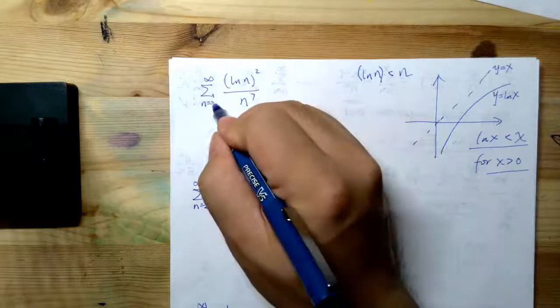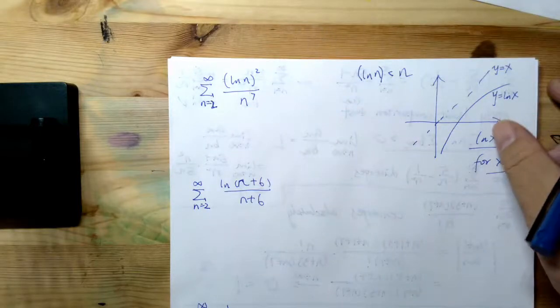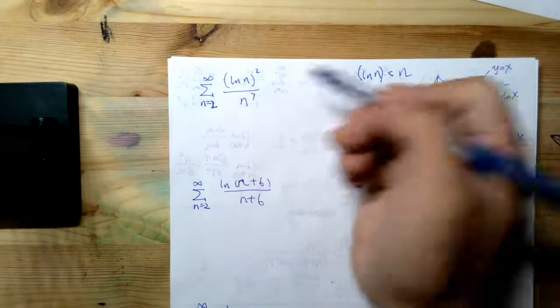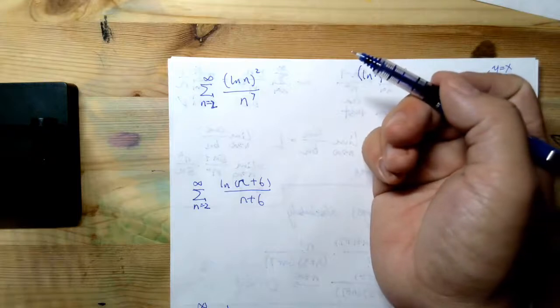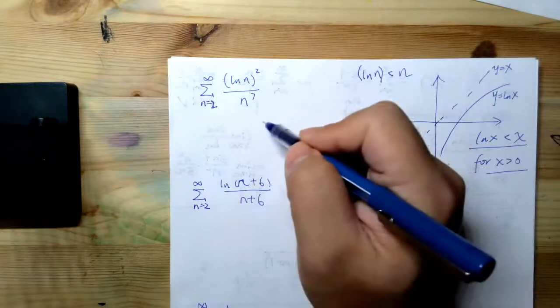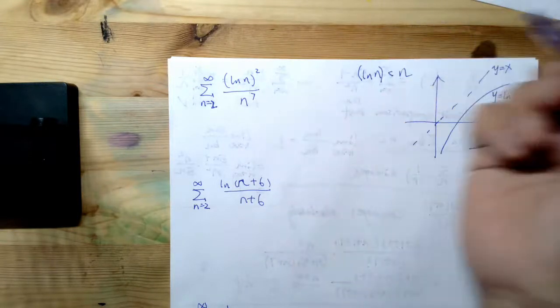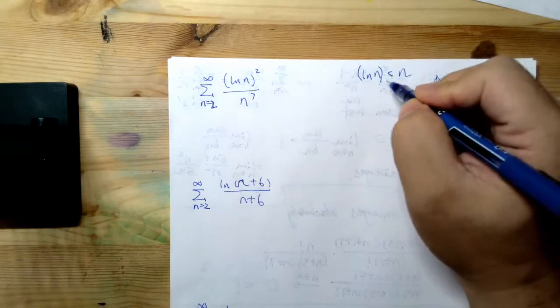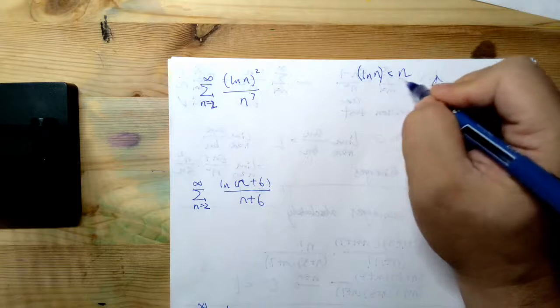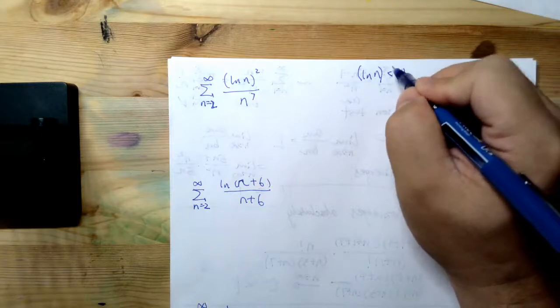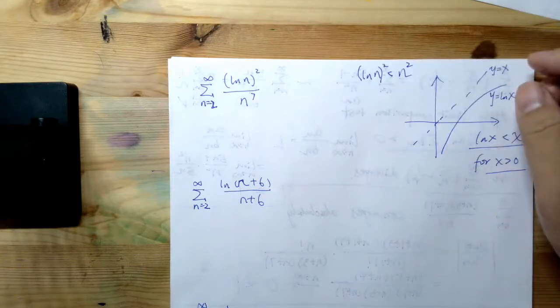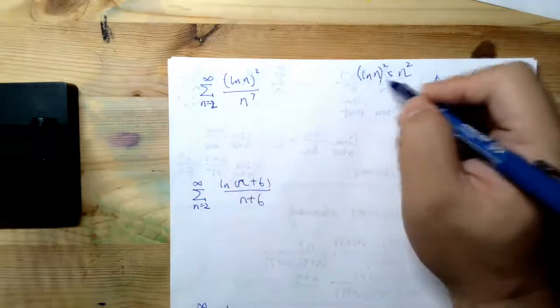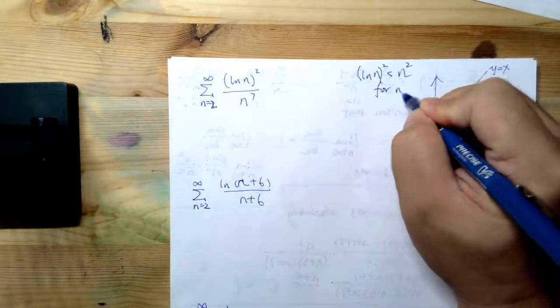Well, maybe we can say n starting from 2, because for n equals 1 the term is 0 over 1, which is 0. So we let n start from 2, and as n is greater or equal than 2, this is true.